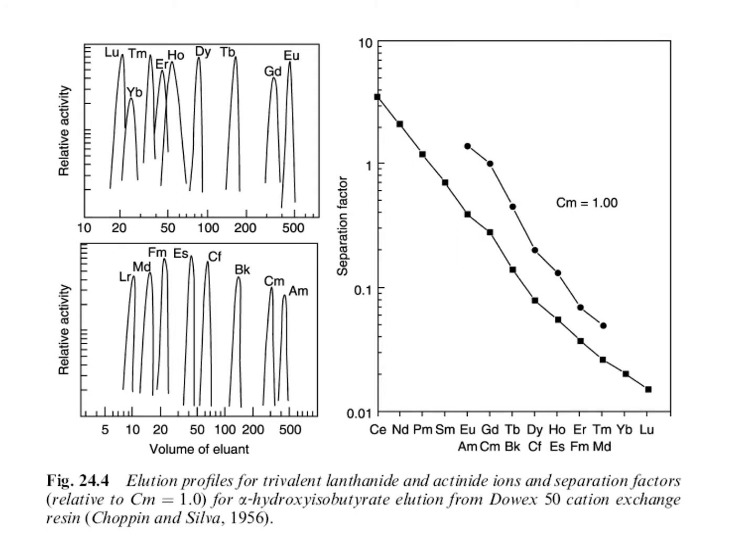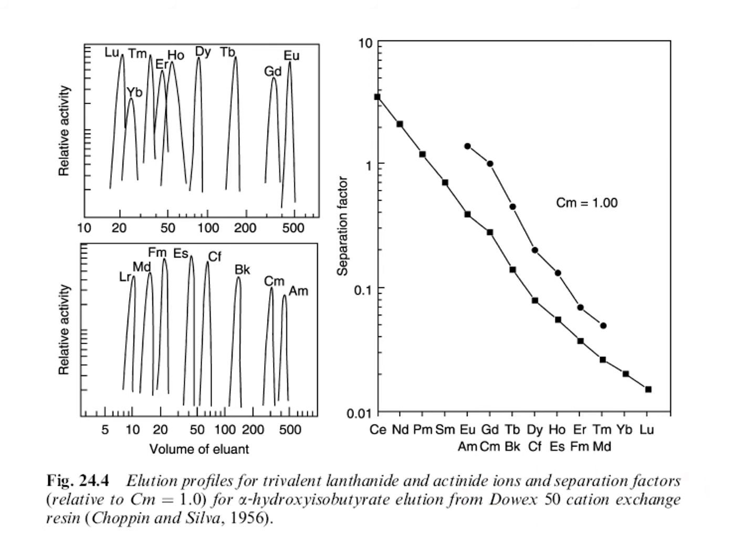Here are some elution profiles for trivalent lanthanides and actinides, separation factors relative to curium, and this is for alpha-hydroxyisobutyrate. We discussed this in the previous lecture on solvent extraction. So the solution phase contains the ligand, and it's from a DOWEX 50 cation exchange resin.